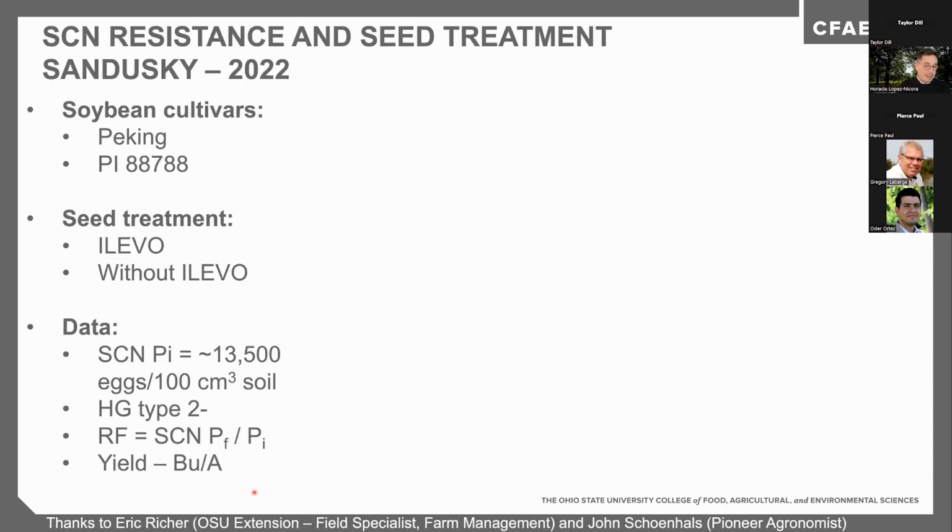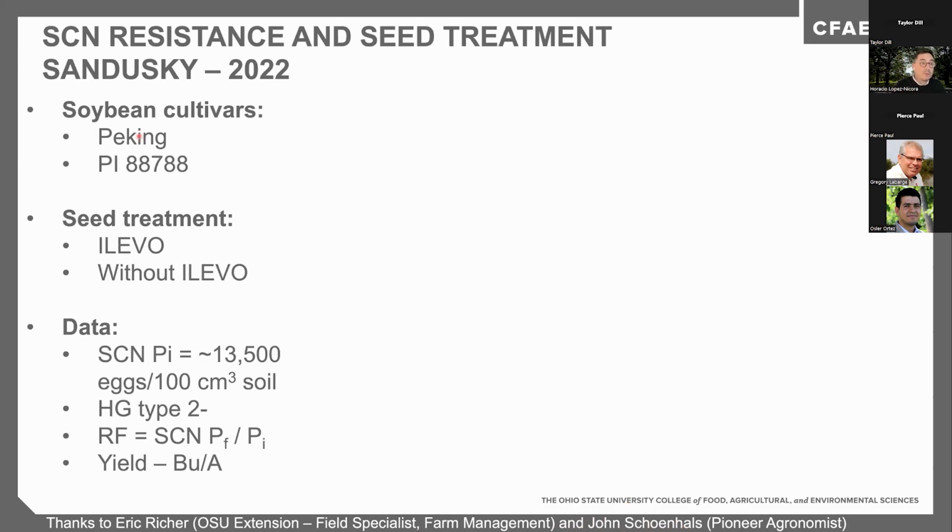So with the help of Eric Rieger, field specialist, now in farm management, and John Schoenhold, Pioneer agronomist, they were able to retrieve different cultivars that I was able to use in a field trial. We did this at a research station, North Central in Sandusky.